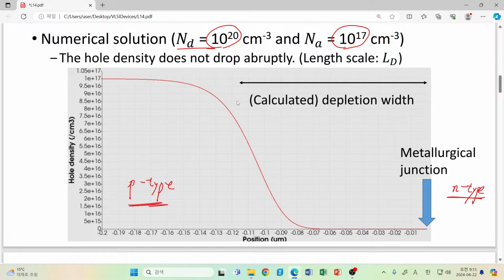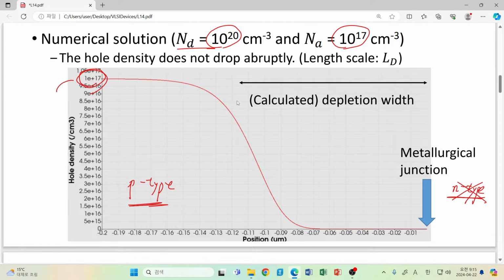That's the reason why I have not drawn this n-type region. Of course, in the n-type region we have a really short depletion, but the depletion length would be just 1/1000th of the p-type region depletion width, so we cannot see it clearly. Please have a look at this number. This is 10 to the 17. Why is it 10 to the 17?